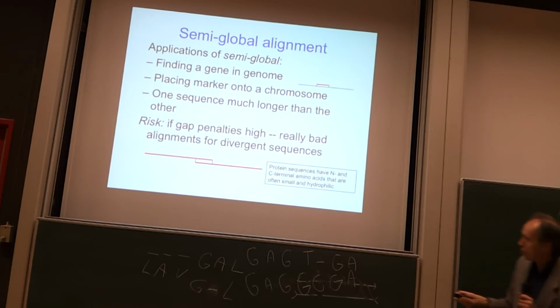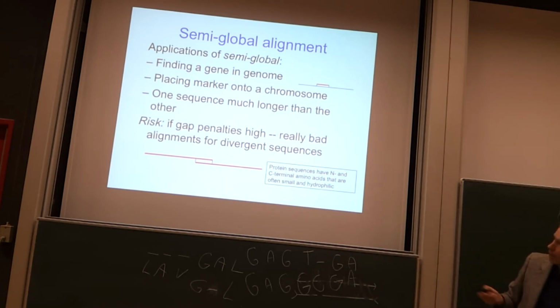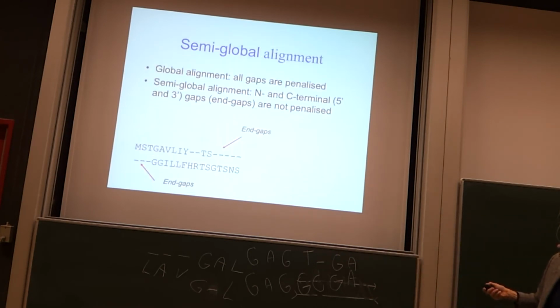Now, suppose you're going to use semi-global alignment. I forgot one thing to tell you. What you do if you do semi-global alignment is that the end gaps, these two, will not be penalized. That's what you said.